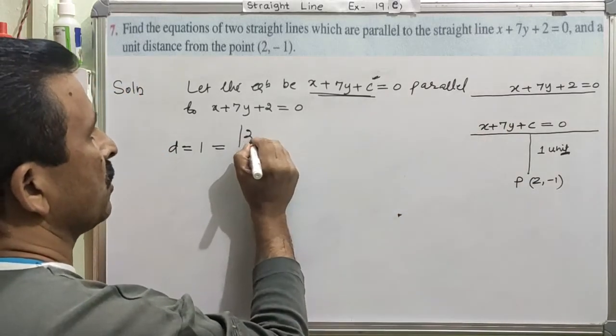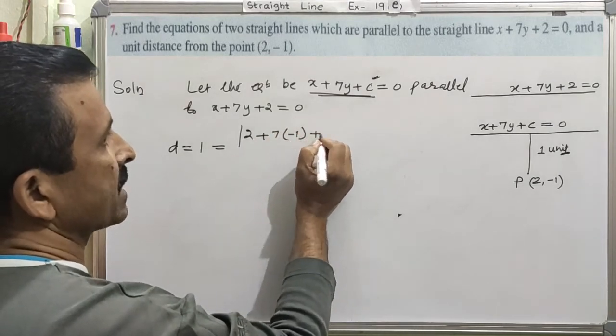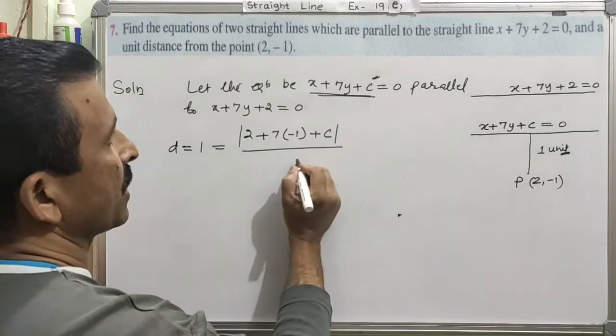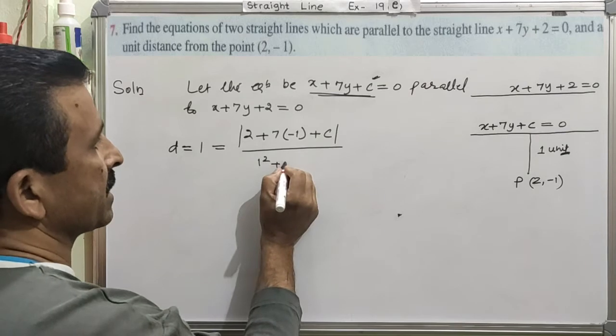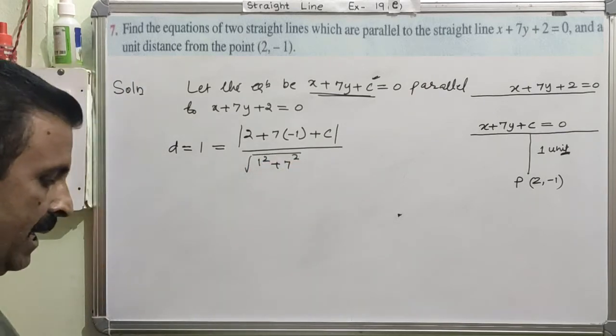So 2 plus 7 into minus 1 plus c, divided by root over coefficient of x, 1 square plus 7 square. Am I very clear?